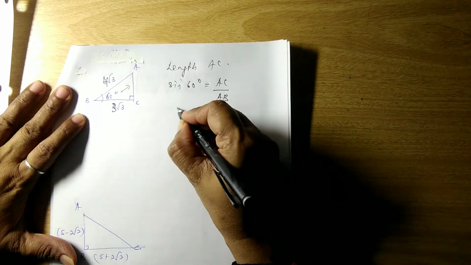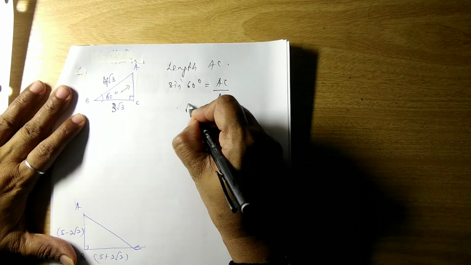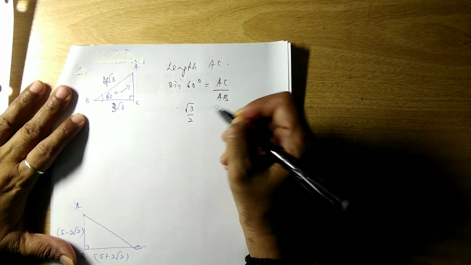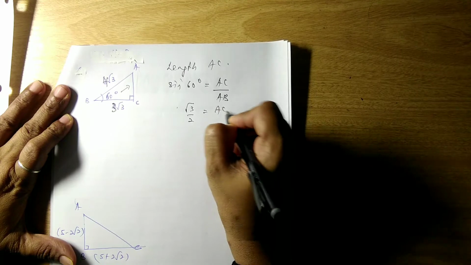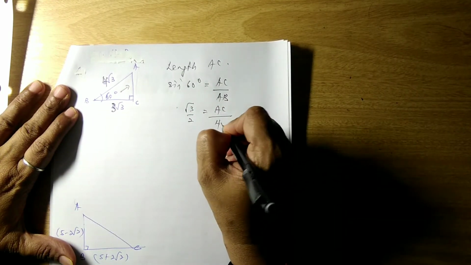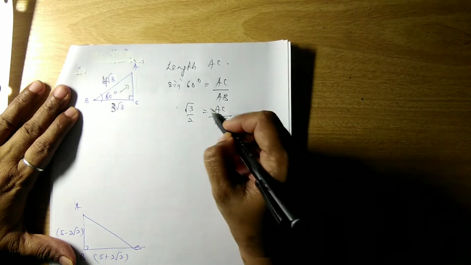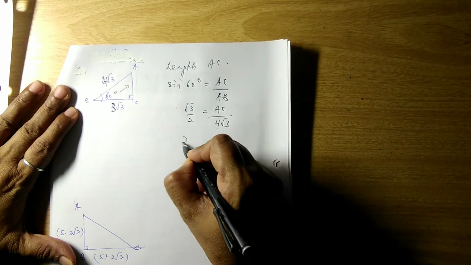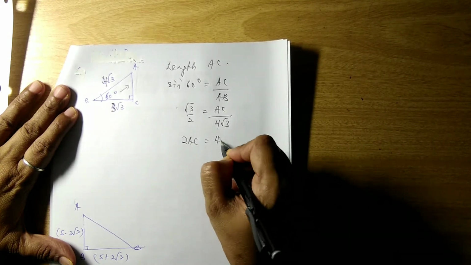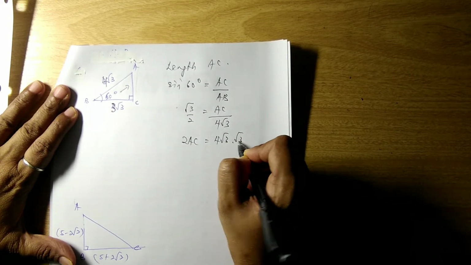Sine 60 is actually √3 over 2, equals AC over AB. Now AB is given, AB is 4√3. So when we cross multiply, 2AC equals 4√3 times √3.